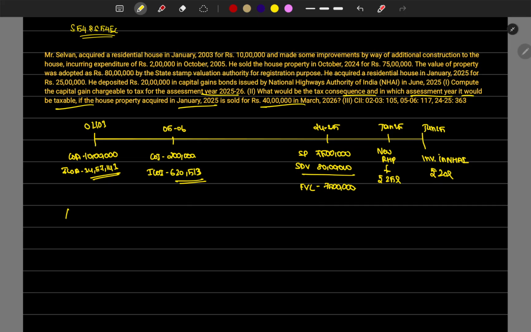Let's quickly jump into the problem solution. The previous year is 24-25, assessment year 25-26. We'll calculate both with indexation and without indexation.